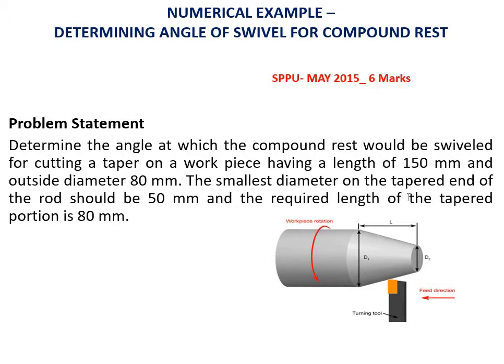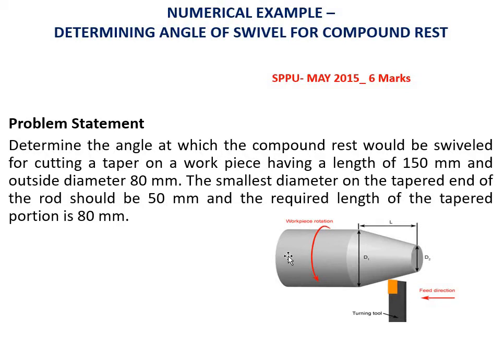The smallest diameter on the taper end of the rod should be 50 mm, and the required length of the taper portion is 80 mm. This is important: the original diameter of the workpiece is 80 mm, the maximum diameter, and it has to be reduced to 50 mm at the other end.